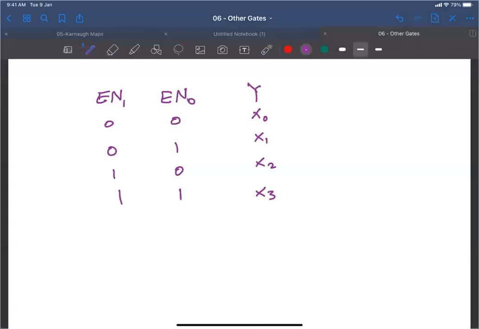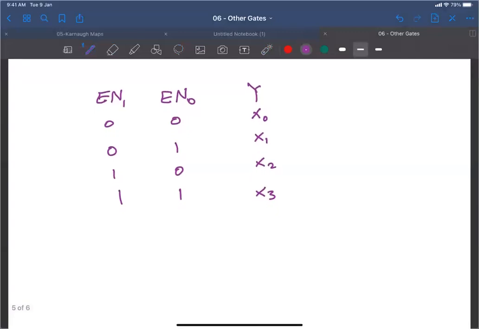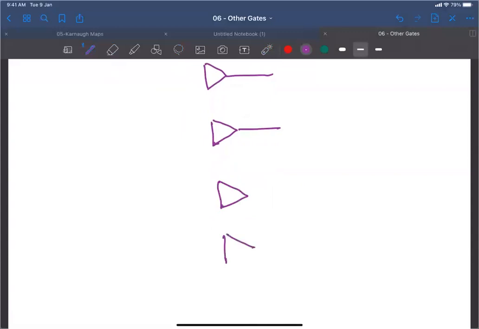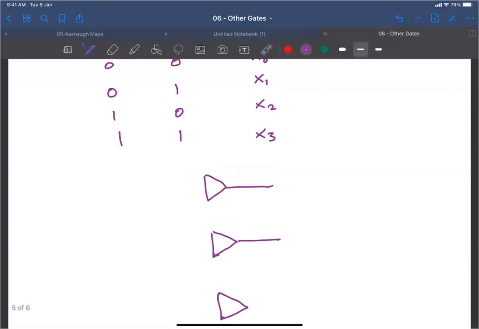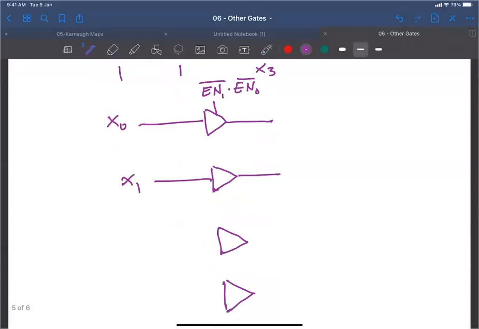So what happens is that we have 4 tri-state buffers here, all of them connected to the same output, which is Y. The enable of this one, for X0, will have EN1 complement ANDed with EN0 complement.